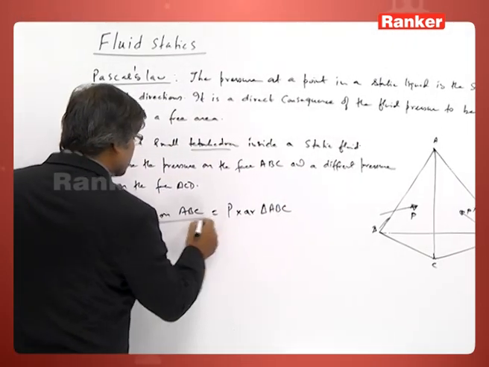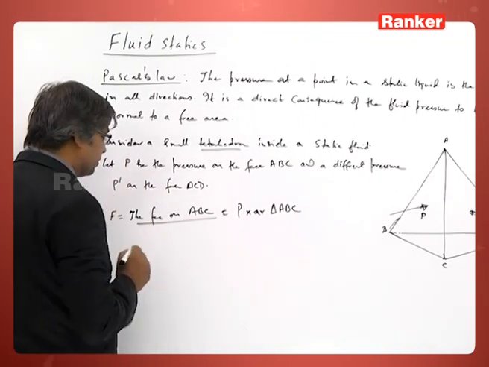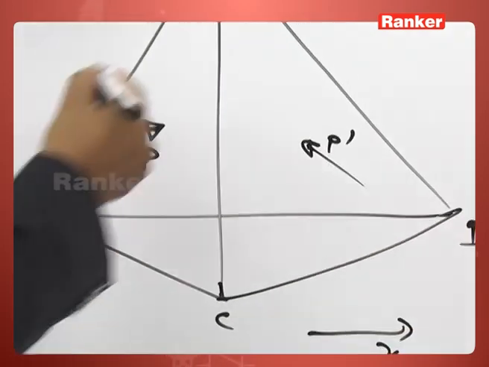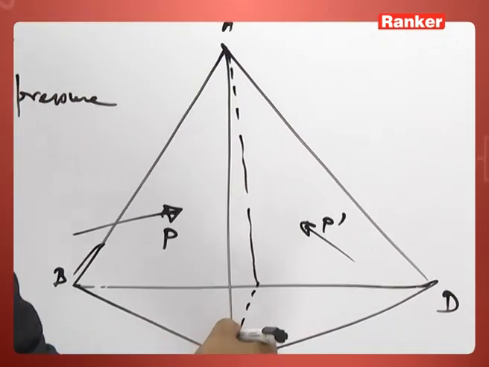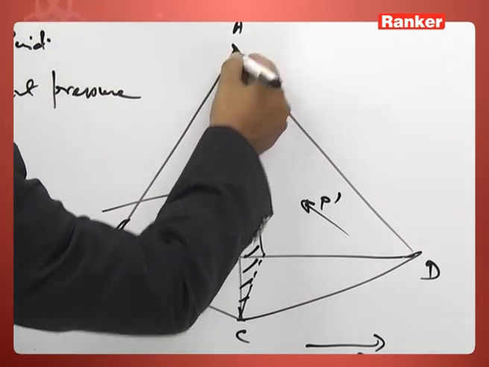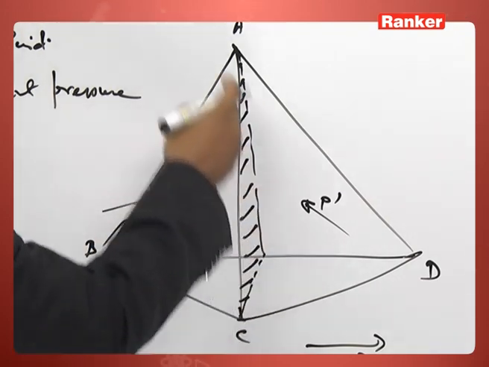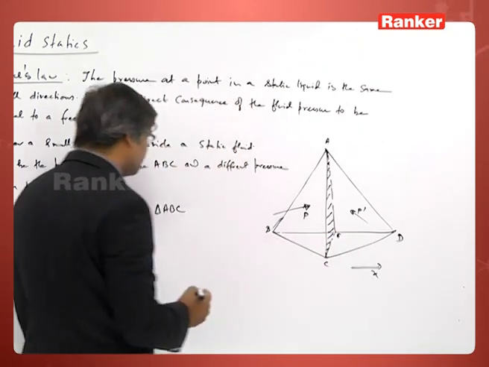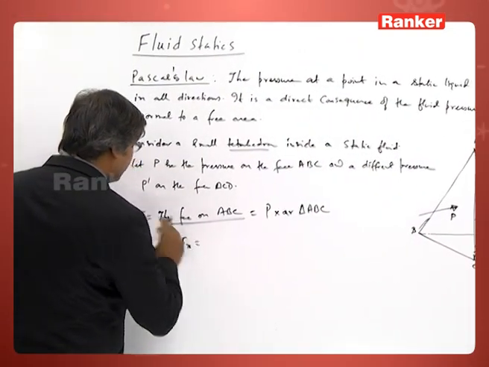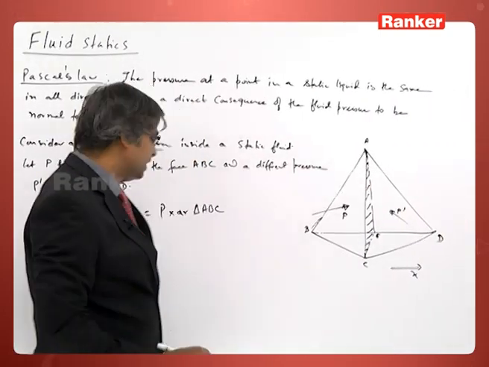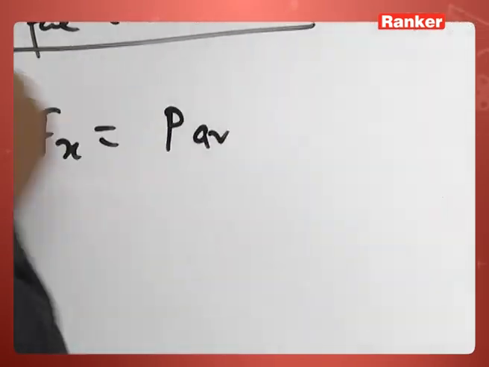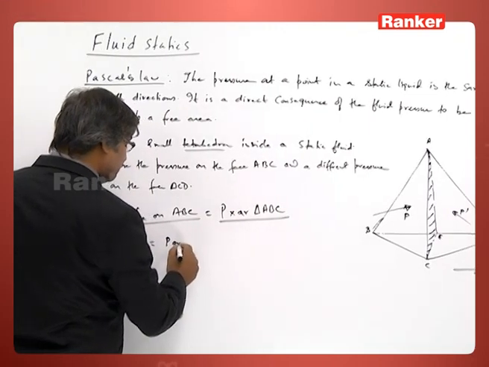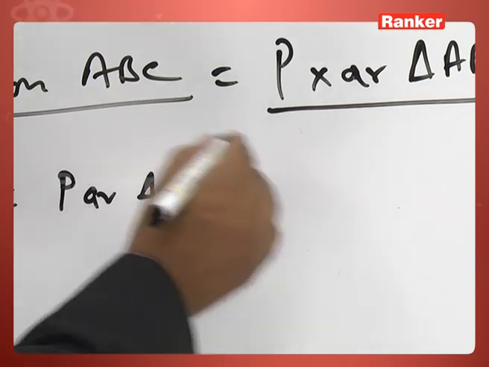Suppose I denote this force by F, and let this direction be X. We draw this triangle; this is the projection of the area of triangle ABC, and ACD will also have the same projection, say E. So Fx is P into the area of triangle AEC, a scalar quantity.